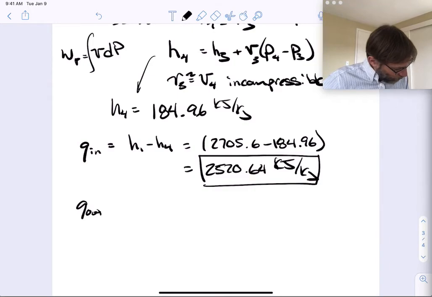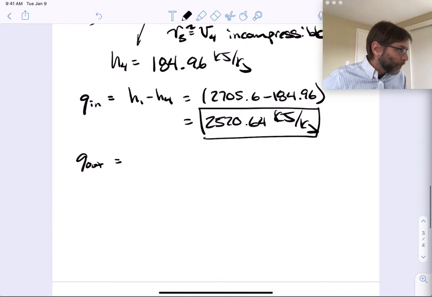Q out is equal to H3 minus H2, but it's negative because we use a positive sign convention, so that it's H2 minus H3, which is a little confusing.